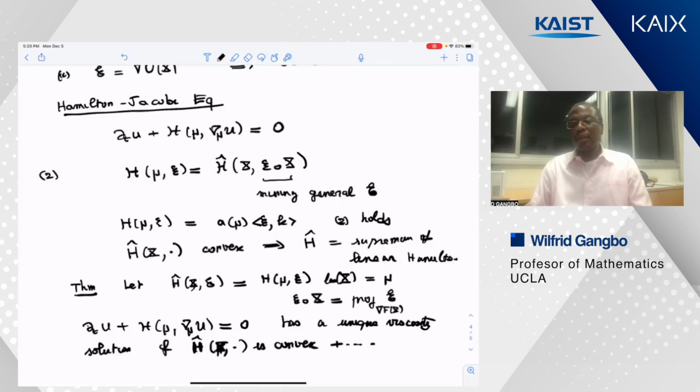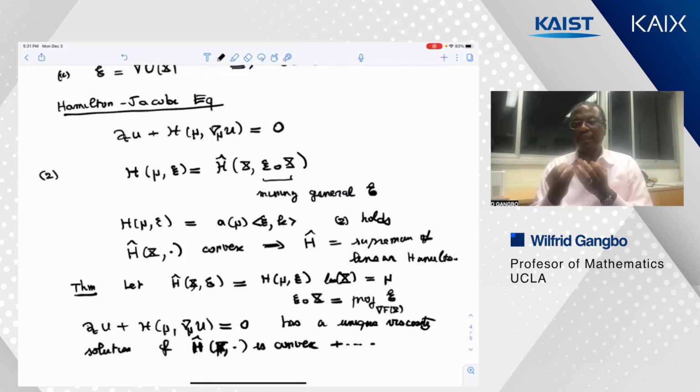the Hilbert space. So to summarize, if you give me an arbitrary Hamiltonian on the set of probability measures, I will not be able to say if my Hamilton-Jacobi equation has a unique solution. If the Hamiltonian is linear in the momentum variable, I will be able to say I have a unique solution.